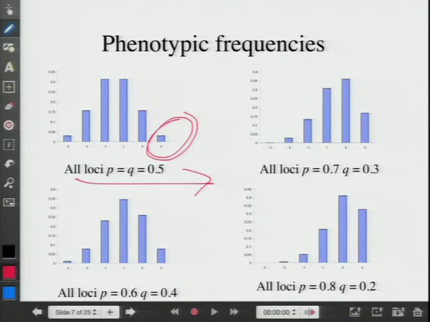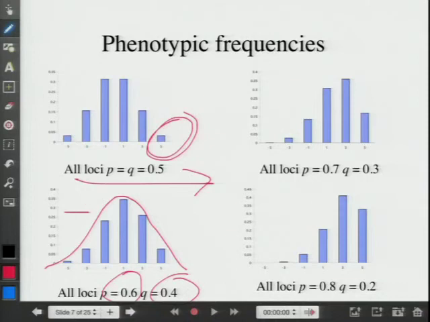So if all 5 of those loci went from being 0.5 big and 0.5 little to being 0.6 big and 0.4 little, then you'd have a shift in the distribution like this.